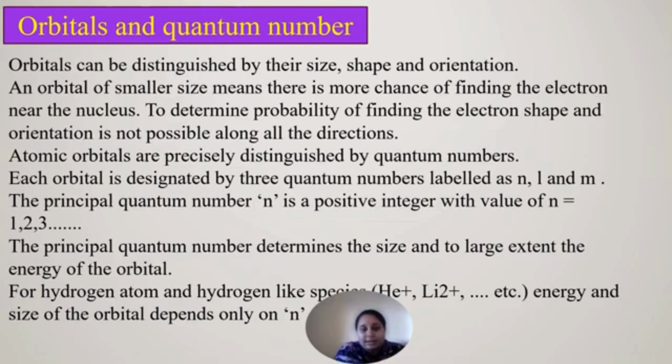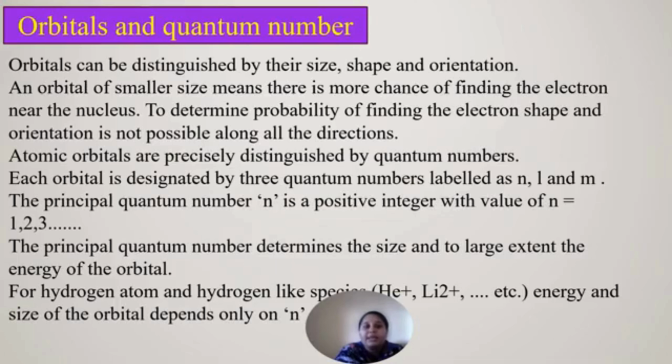The next topic is orbitals and quantum numbers. These orbitals can be distinguished by their size, shape, and orientation. If an orbital is of smaller size, there is a greater chance of finding the electron near the nucleus.